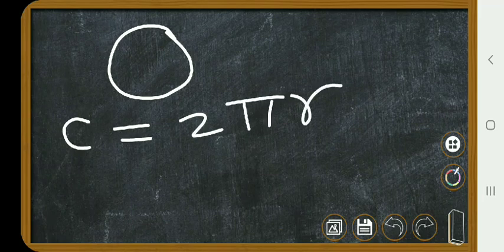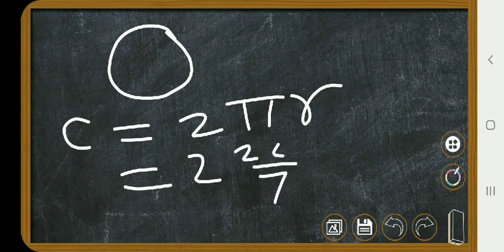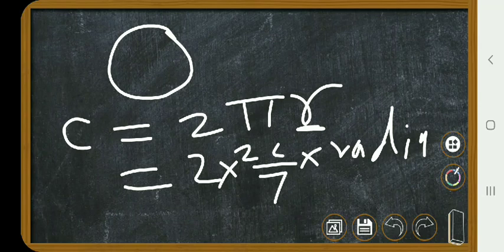This 2 pi r, in that the 2 is called a constant, and this r means the radius of a circle.